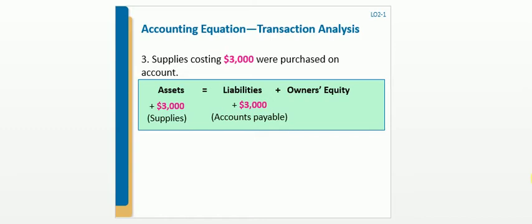Transaction number 3. Supplies costing $3,000 were purchased on account. Again, a liability was created. An obligation was created. How? Supplies are small components, very large in number, and due to their small size, you cannot record them one by one, but as a whole you call them supplies in business.